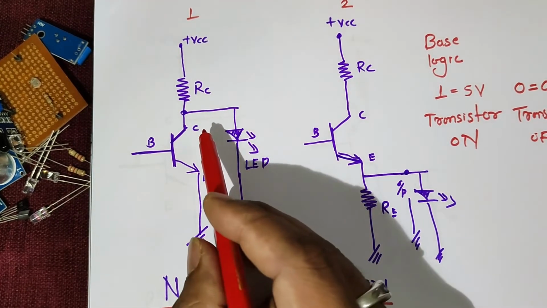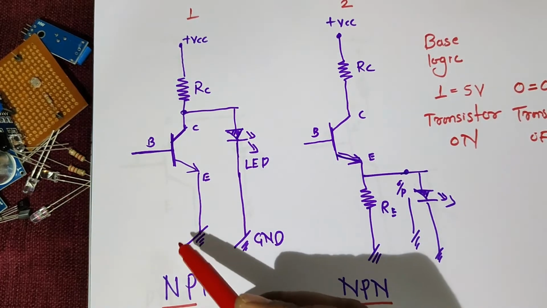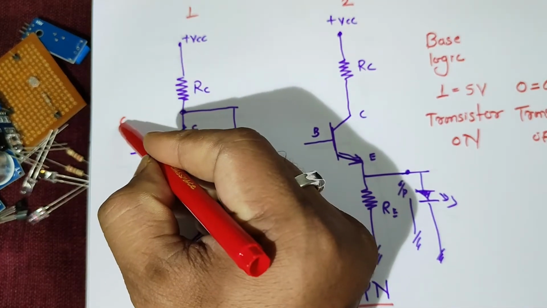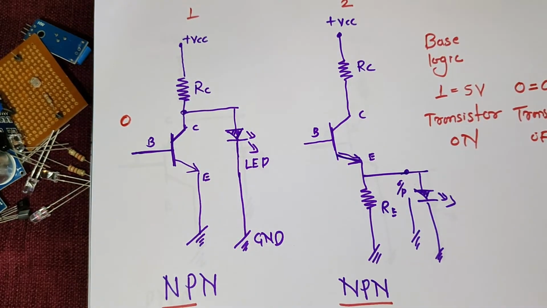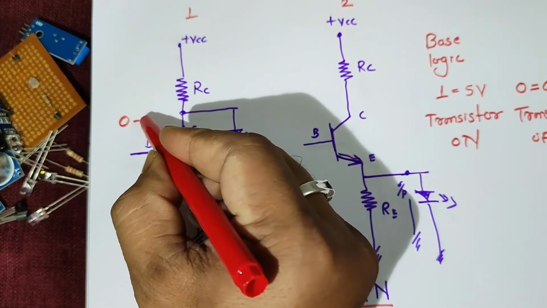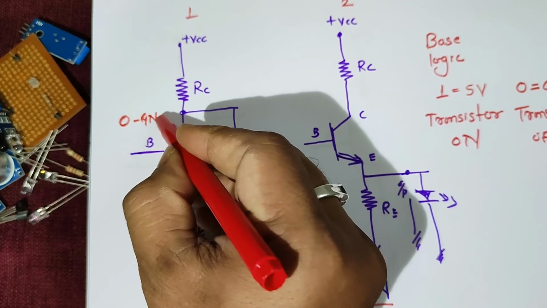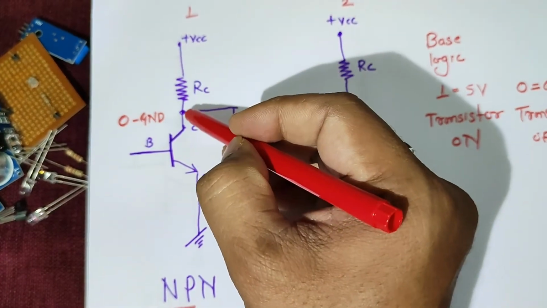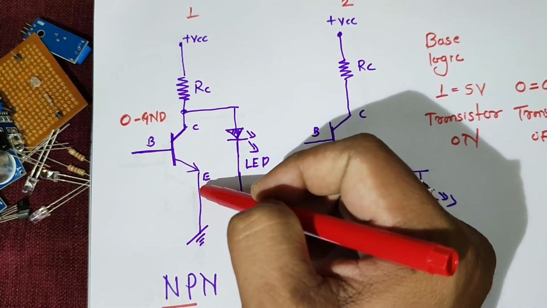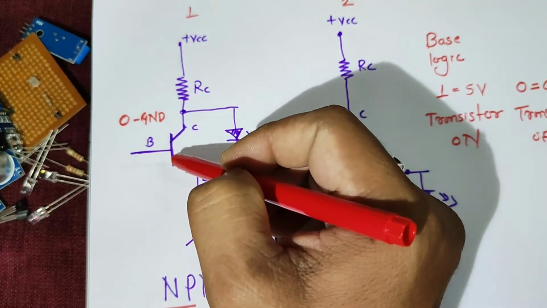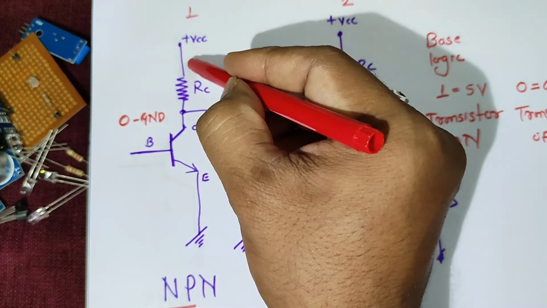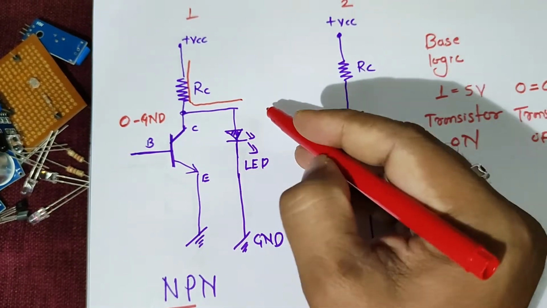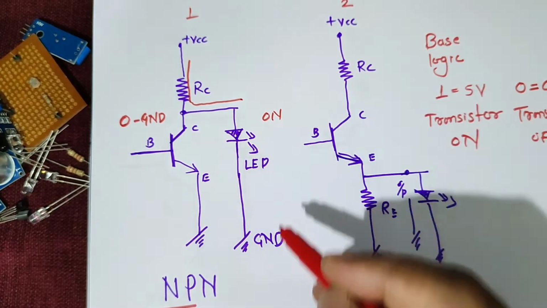If we are going to take the output from the collector side, suppose the base of the transistor is 0, that is at the ground potential. So what will happen? The flow of current from the collector to emitter is not possible as the transistor is off. So the maximum current is going to flow from the collector to the output, and the LED will be on.